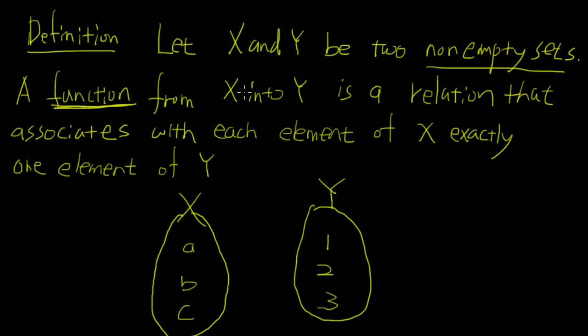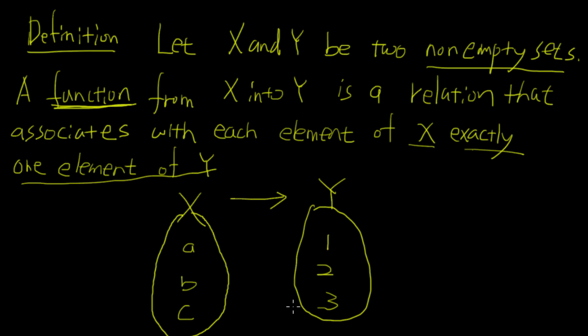A function from x into y, so I guess the direction is from x to y, is a relation that associates with each element of x exactly one element of y.